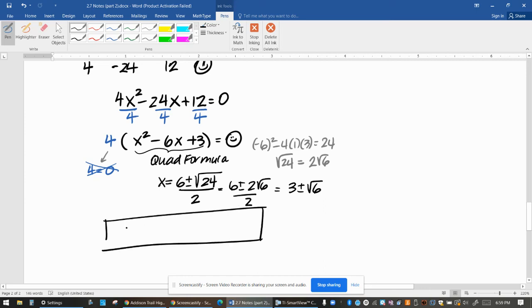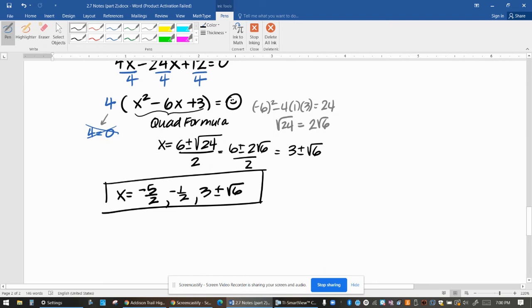So the complete list from smallest to biggest, left to right, it's okay if you keep your conjugates together, is -5/2, -1/2, and then your 2 conjugates. If you're going to split up your conjugates, make sure that you put them in correct order. So if you're going to write 3 minus root 6 and then 3 plus root 6, make sure you put the 3 minus root 6 first because it's smaller than 3 plus root 6.